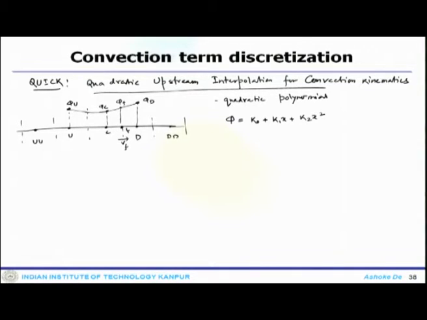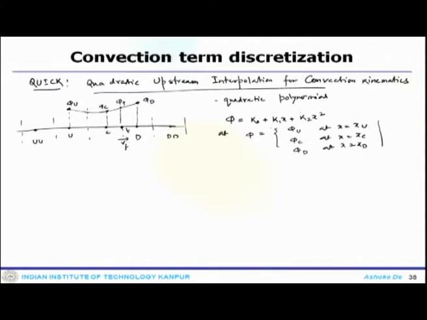Now, you have these phi values at different points: phi u at x equals x u, phi c at x equal to x c, phi d at x equals x d. So, now you need 3 points to find out the coefficients, the 1, 2, 3, k 0, k 1, k 2. In order to find those coefficients, you need 3 sets of information.